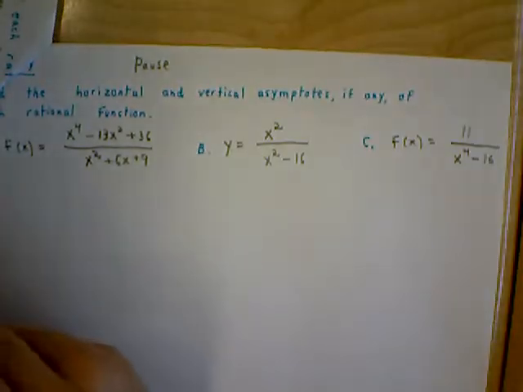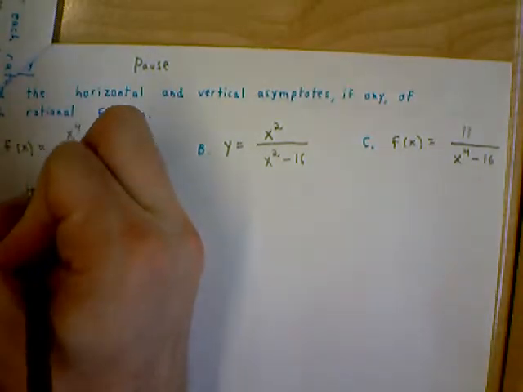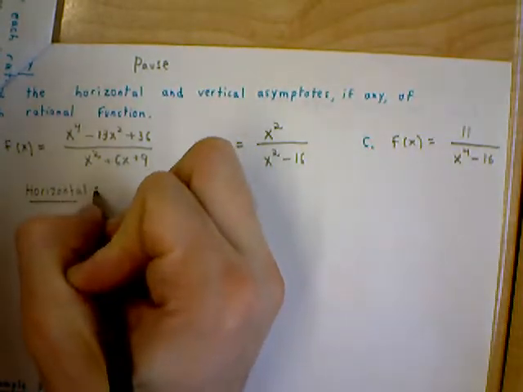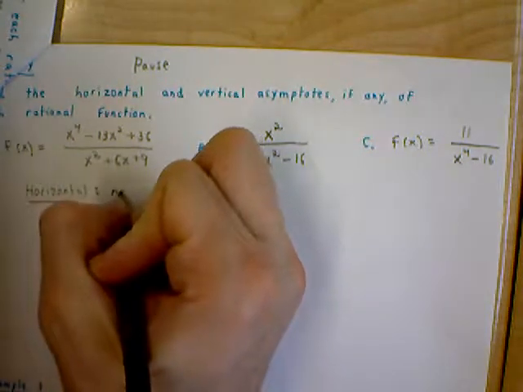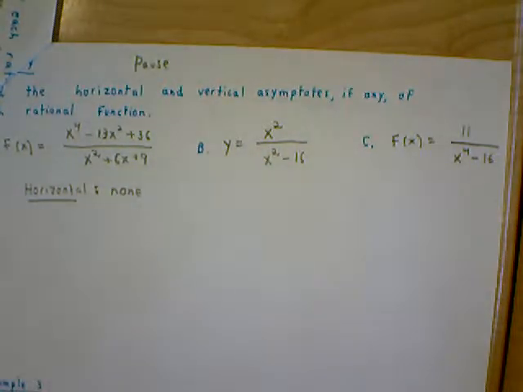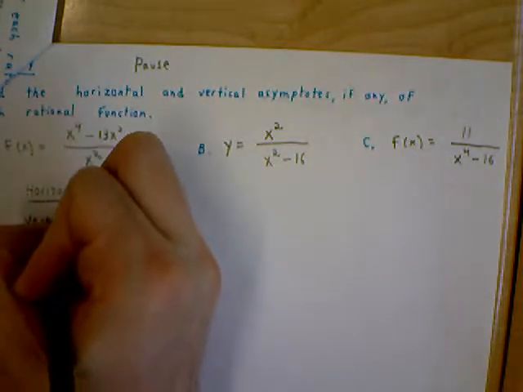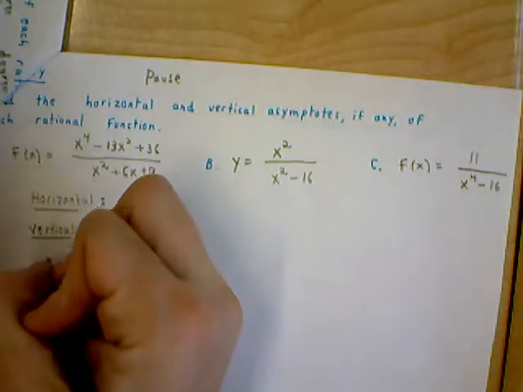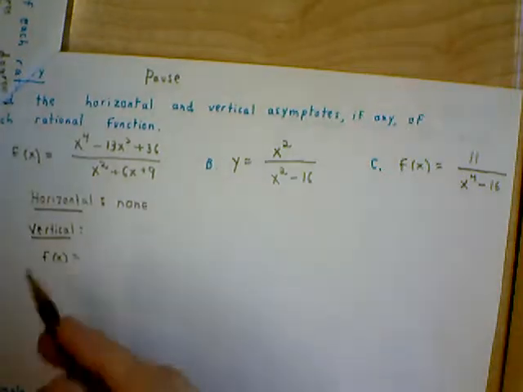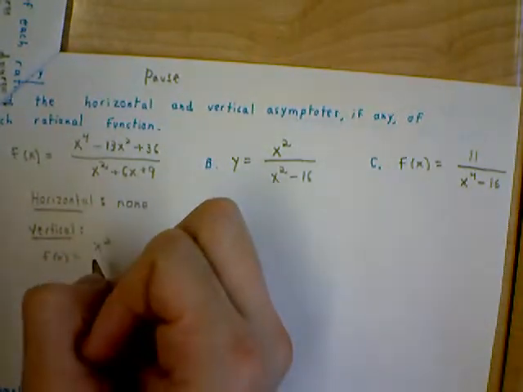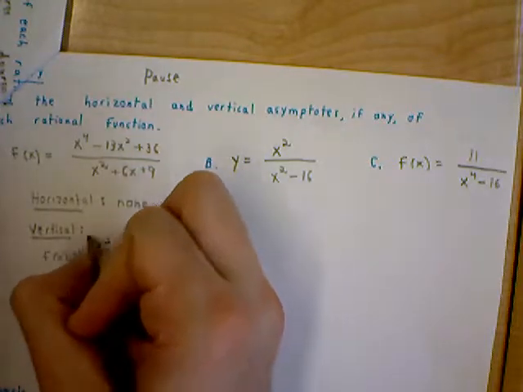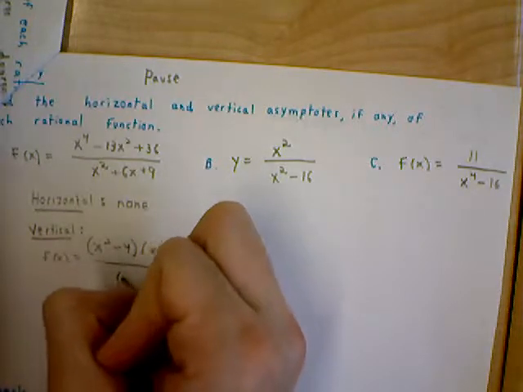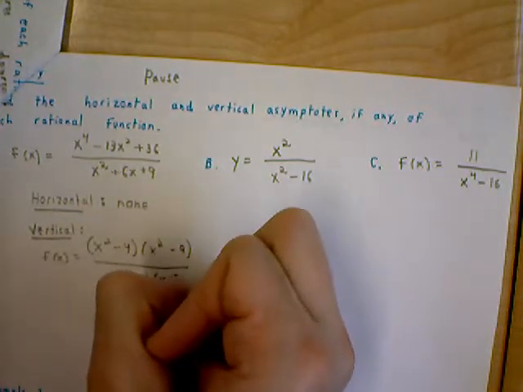So here for our horizontal, I have the degree of the numerator is greater than the degree of the denominator, so there's none. For our vertical, we're going to factor first. Up here I have x squared minus 4, x squared minus 9, all over x plus 3, x plus 3.